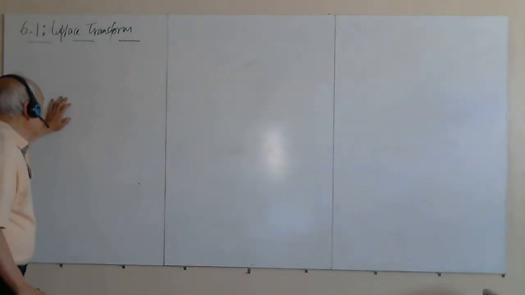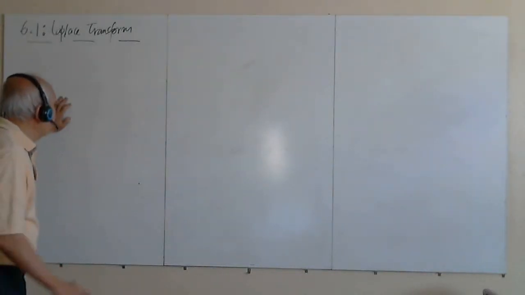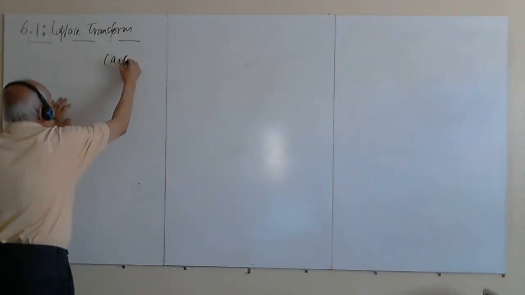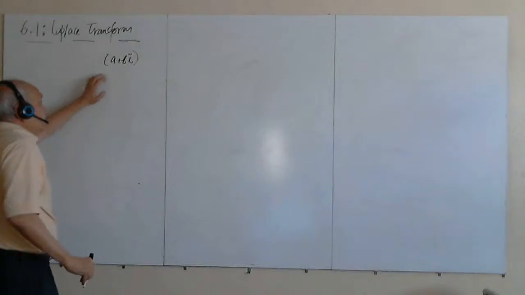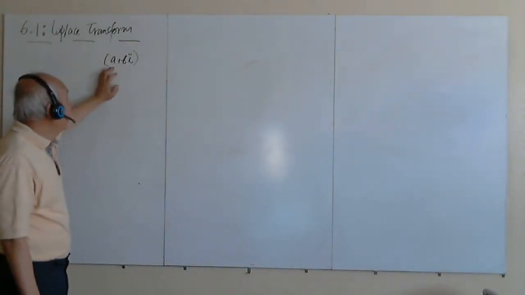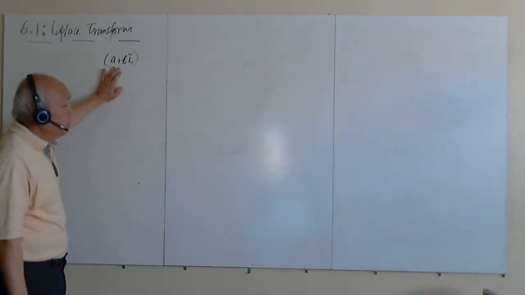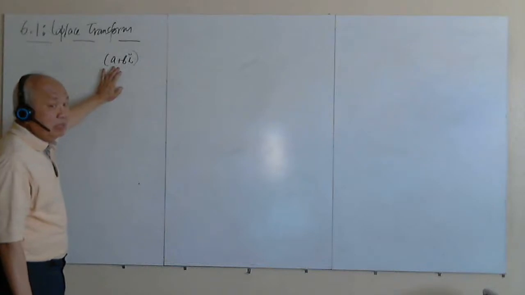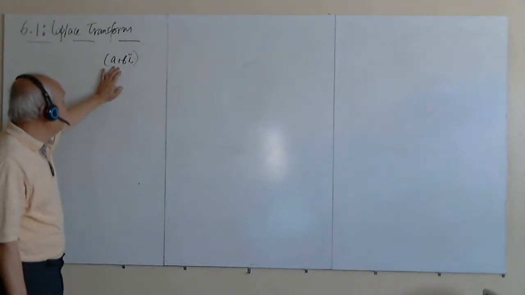Remember that a complex number is always in the form a plus bi. It doesn't have anything to do with complex numbers, but I just want to borrow this example to give you a motivation.